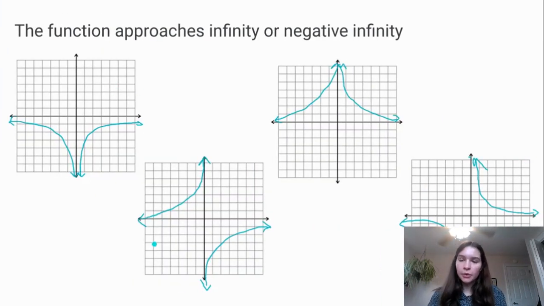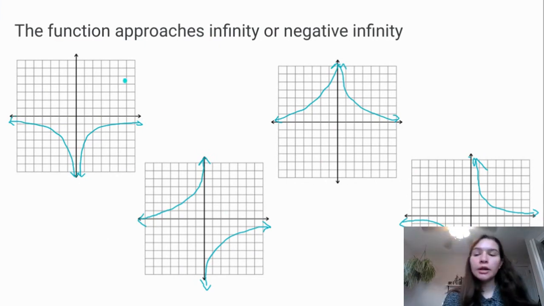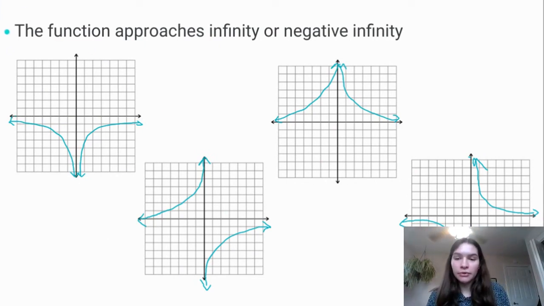Okay, let's look at a few more. Another time when the limit does not exist is when the function approaches infinity or -infinity. Let's look at this one first. We can see that from both sides, the limit is approaching -infinity. So that means the limit does not exist.